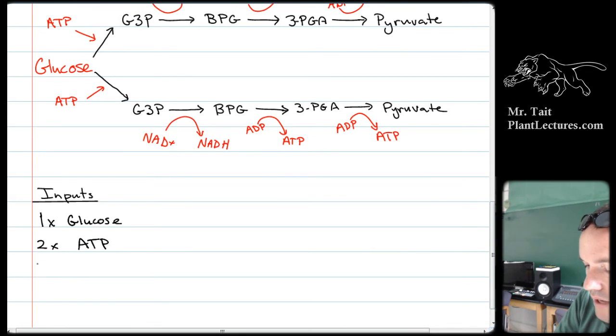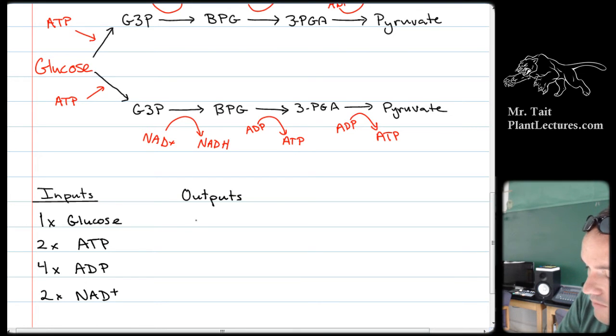You also need to account for these 4 ADPs and then 2 NAD pluses. Okay, and then our outputs, we've got glucose, or sorry, pyruvate, because we use the molecule glucose to create these lower energy pyruvates.